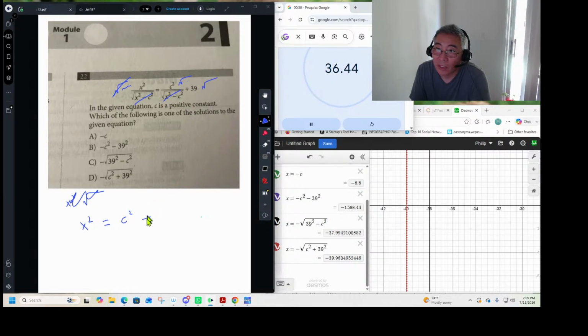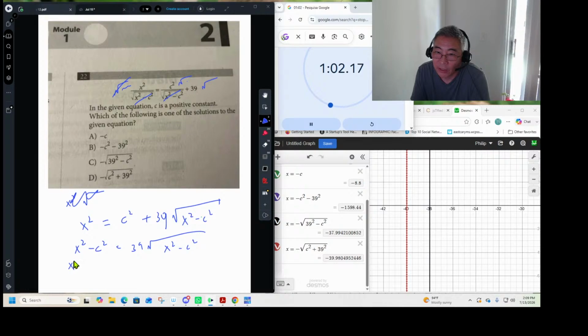Then I'm going to have c squared on the right side because these two cancel each other out. Then the 39 times square root of x squared minus c squared, right? Now I'm trying to get rid of the square root sign, so I'm going to isolate it. So I'm going to subtract the c squared over. Now I'm going to square both sides to get rid of the radical sign.